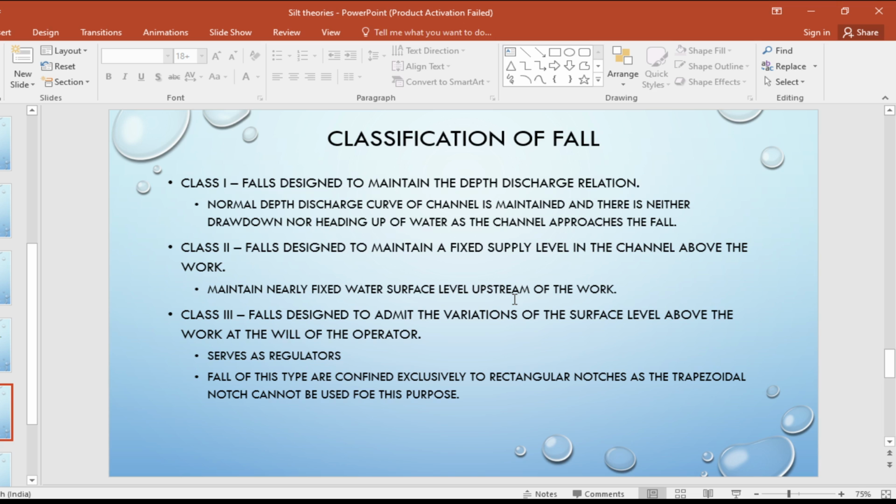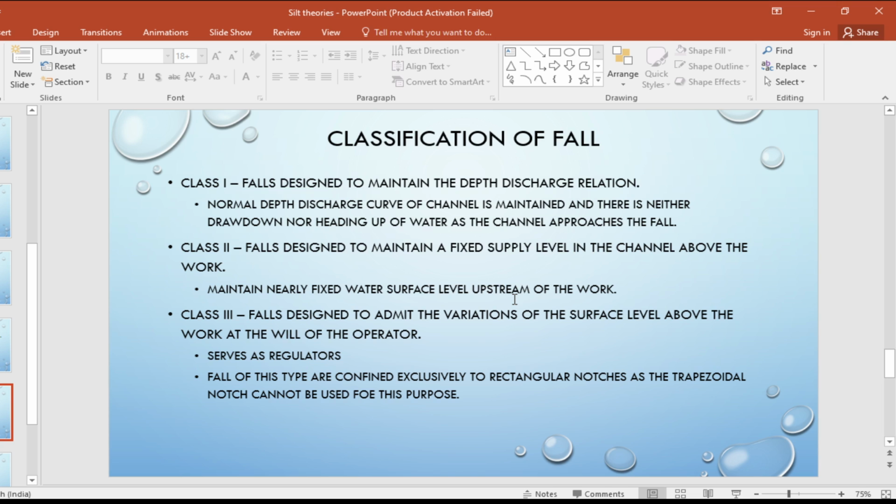These falls are designed to admit the variations of water level on the upstream of the work according to the requirements. They also serve as regulators. The regulation is done with the help of sluice gates, horizontal stop logs, and vertical needles.